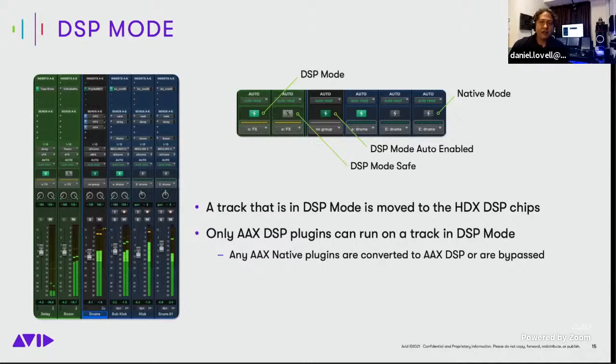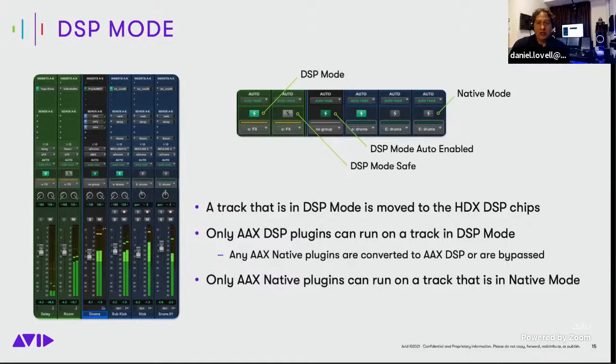What it does mean is that the native plugins, or the plugins that don't have a DSP equivalent, will be bypassed. And similarly, when we're in native mode, native plugins run on that track. And I guess that's pretty straightforward. Suffice to say that all plugins that are available in DSP also have a native equivalent.